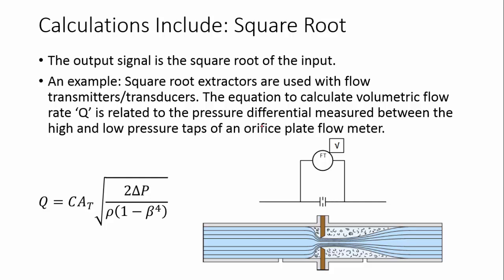There's also a square root function. So in differential pressure flow meters, like an orifice plate type meter, pressure is measured before the orifice plate and after the orifice plate. The pressure difference is used to measure the flow of the liquid in the pipe. And there's a graphic here demonstrating that, and also the P&ID that shows a flow transmitter with a square root function block on it.